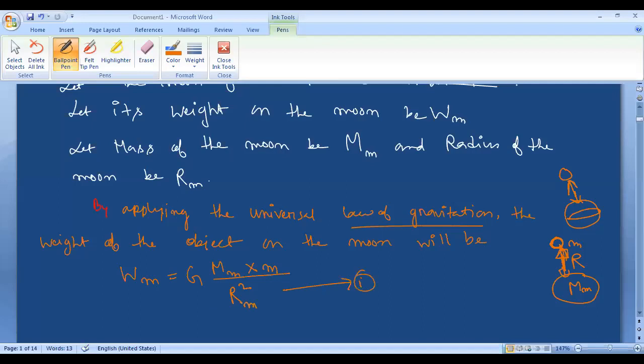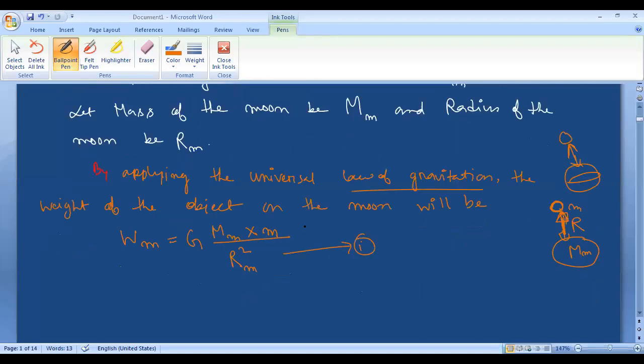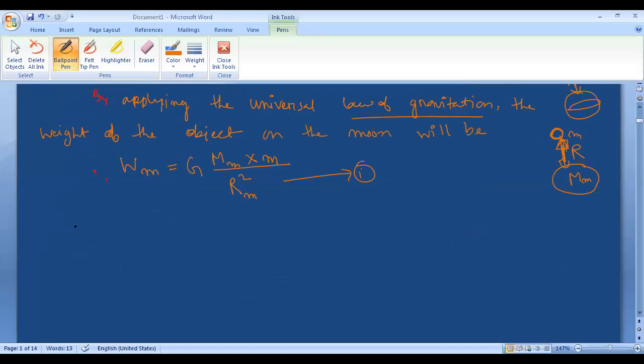Now we have to compare the weight of an object on the Moon with the weight of the same object on the Earth. So this is number 1. Then again write down.